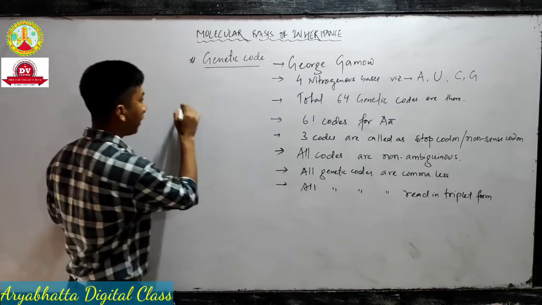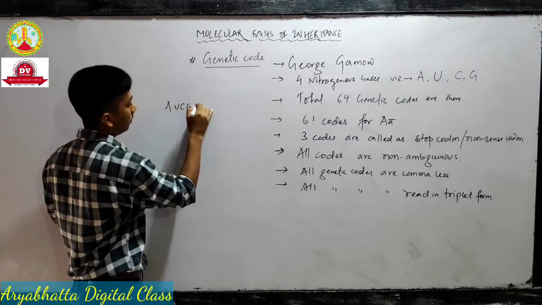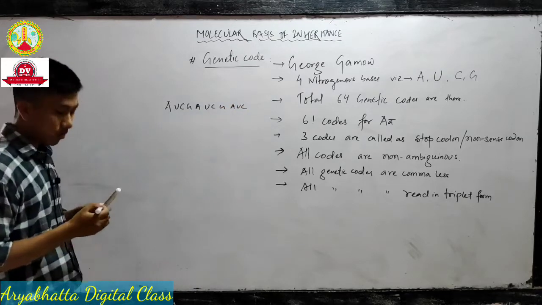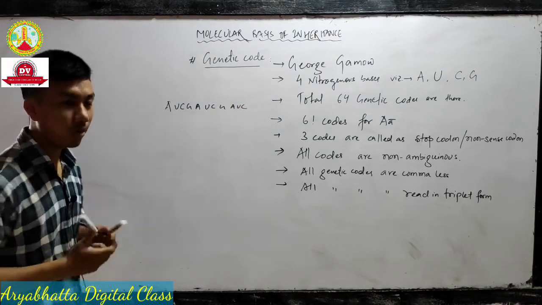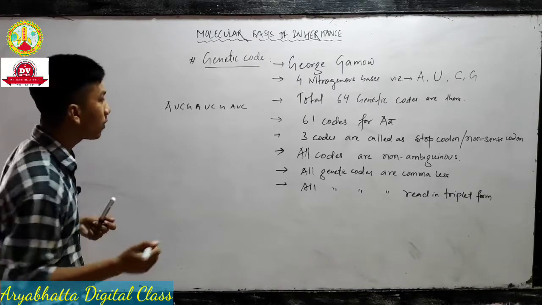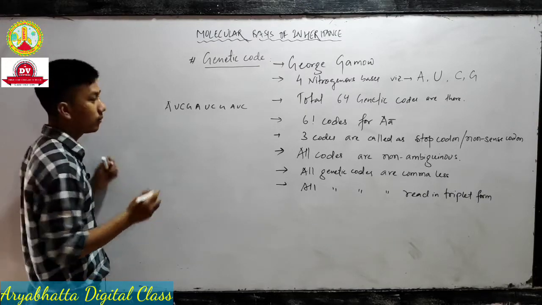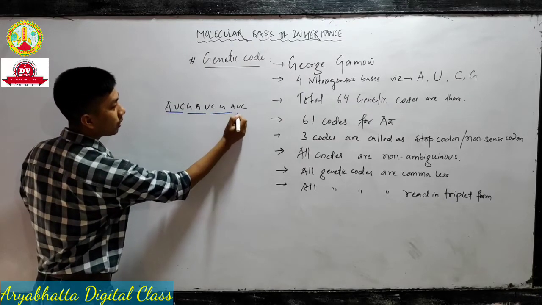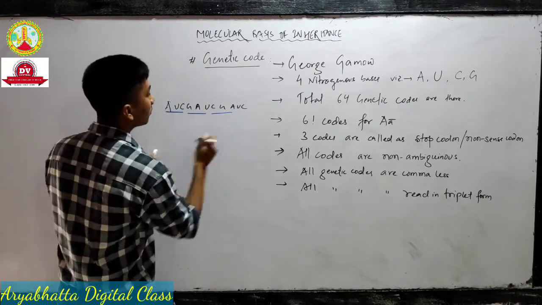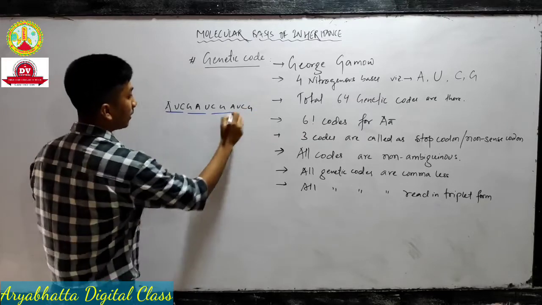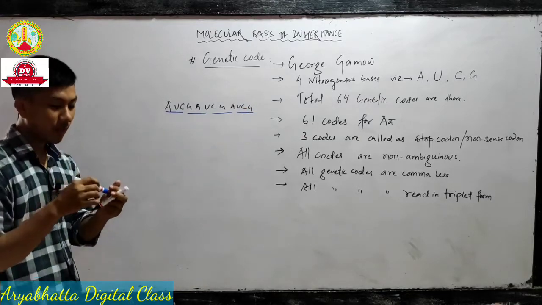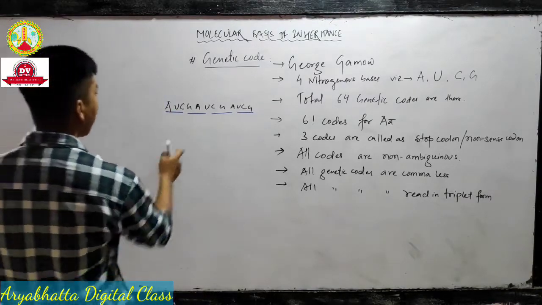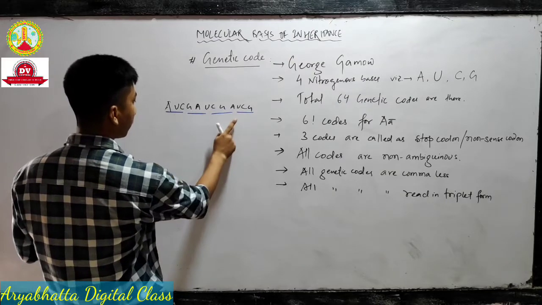Suppose we have nitrogenous bases, whenever we read them, we read in a triplet form: AUC, GAU, CGA, suppose UCG. Like that, we read in a triplet form, not in a doublet, not in a singlet. Three letters, triplet form.